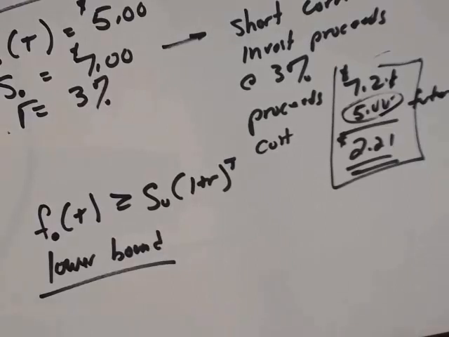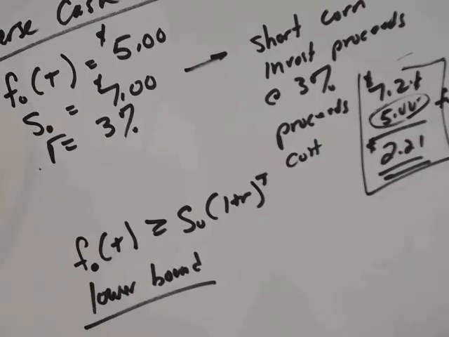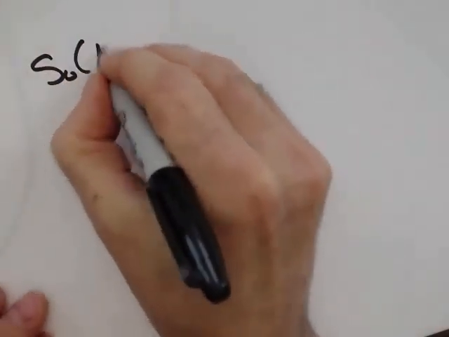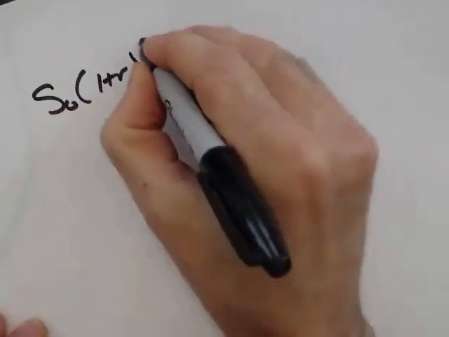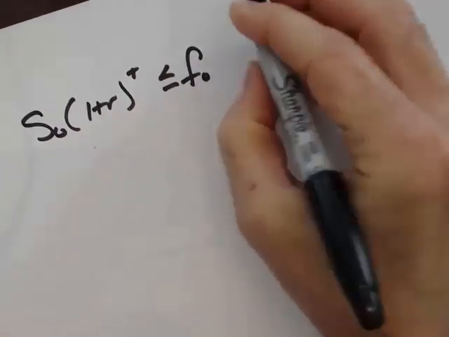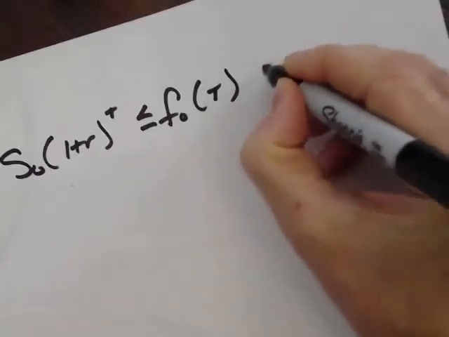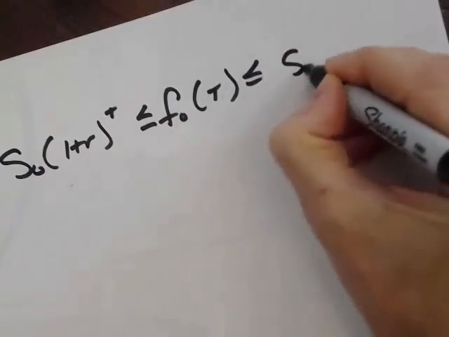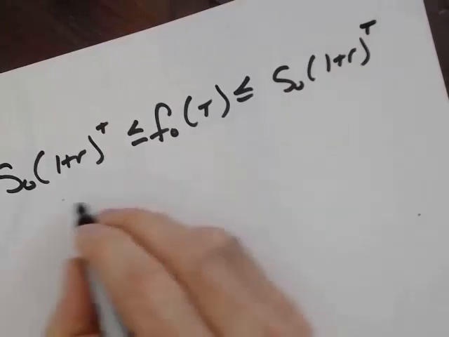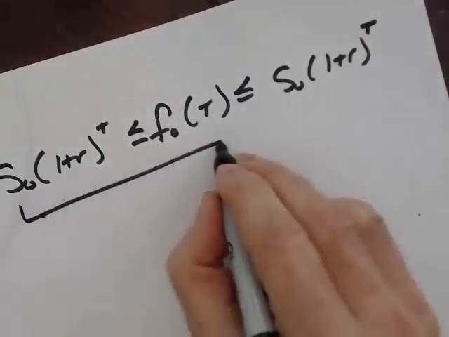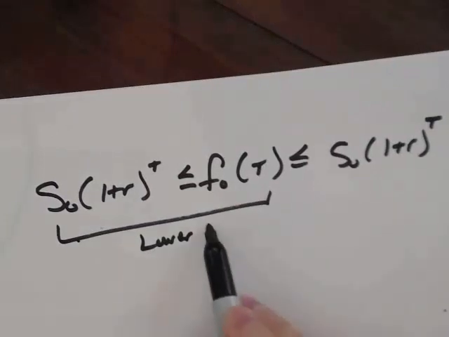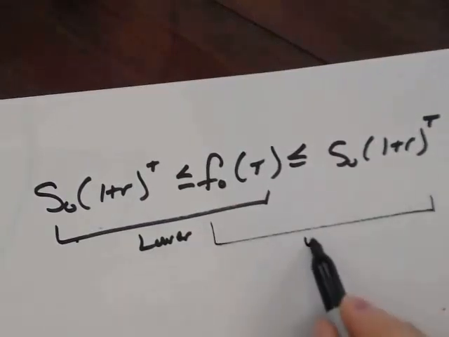So what we just did is this. We have a lower bound here, and we have an upper bound here.